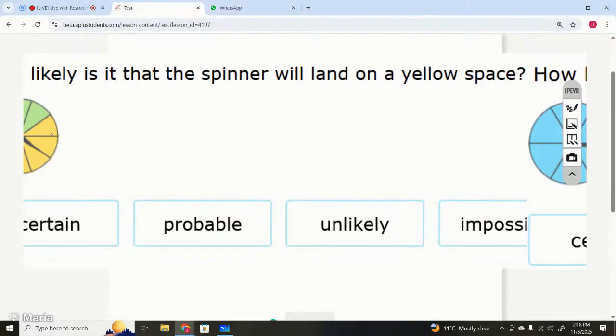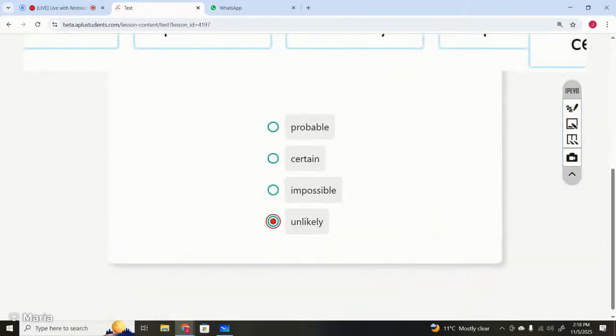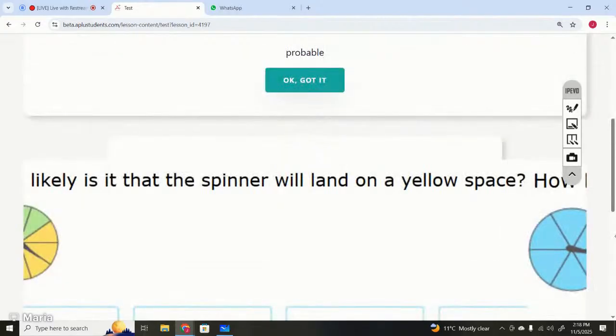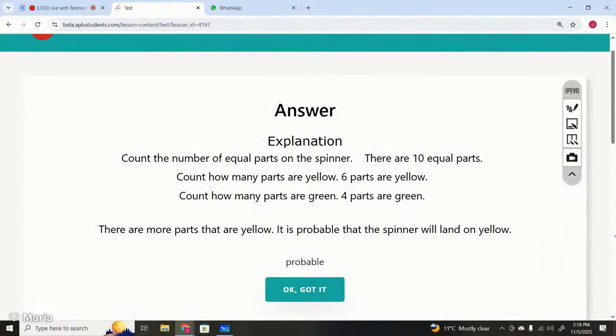That's what I think, right? Because we can't see half of the spinner, I can't guess the answer. Let's just see the explanation, because we are given how many portions are yellow.